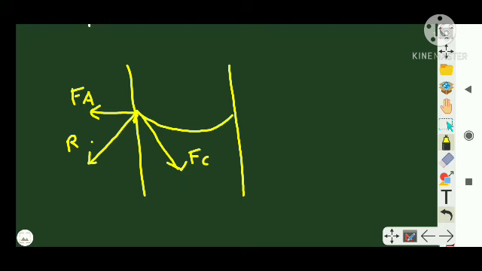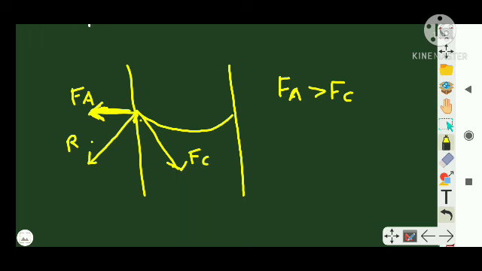Now if Fa, that is adhesive force, is greater than cohesive force, what is cohesive force? Cohesive force is the attraction between its own molecules. That's why we have drawn it into the liquid. Adhesive force is the force between the molecule and the wall. That's why I have drawn it like this. Fc acts into the liquid and Fa outside, perpendicular to the surface of contact, not perpendicular to the wall, and the resultant is in between them.